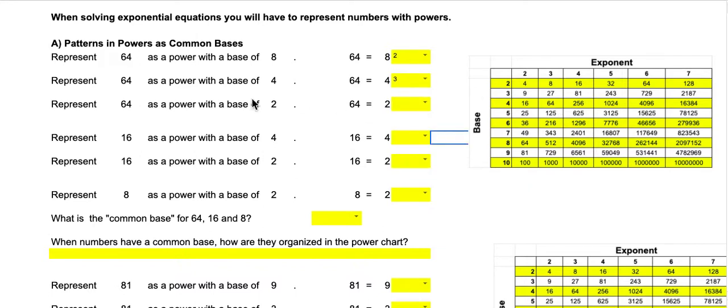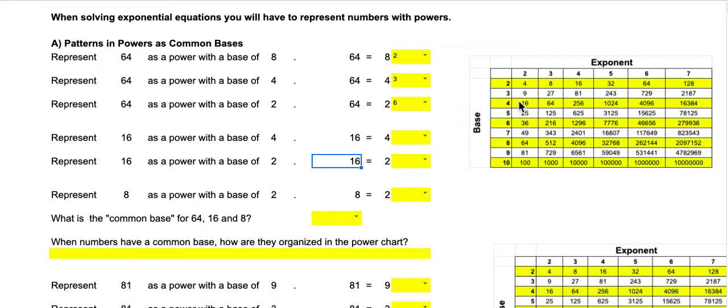Okay, next. I want to represent 64 with a base of 2. So the bases are down here. So 2, and I go all the way across till I get 64, and I get 6. Now I'm going to do it for 16. 16 with a base of 4.